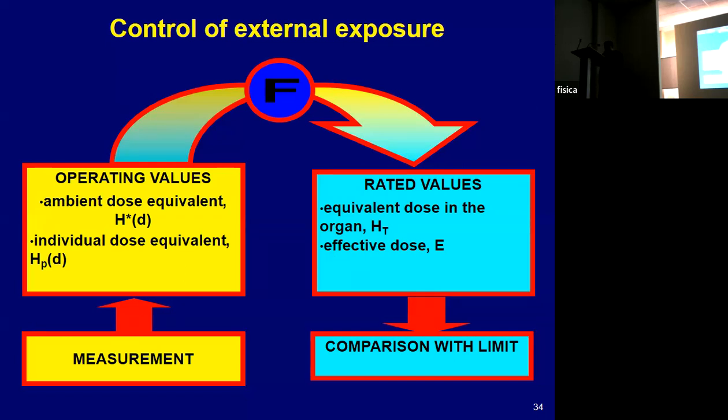The individual dose equivalent H_p(d), with the dependence on d, is equal to the dose equivalent in soft biological tissue at a depth of d millimeters below the considered point on the surface of a wet phantom or on the body of the adult.